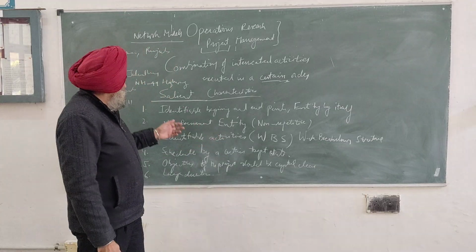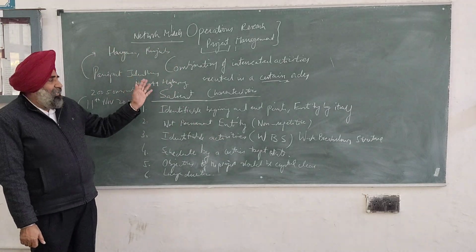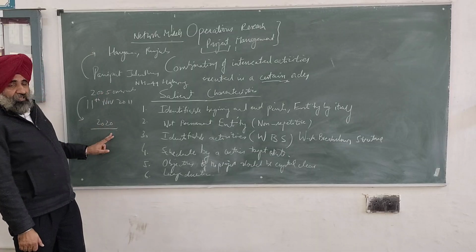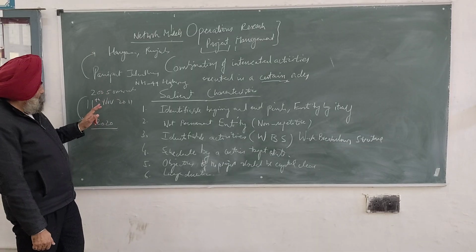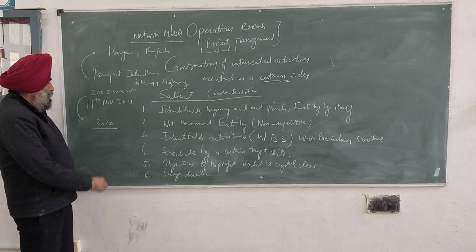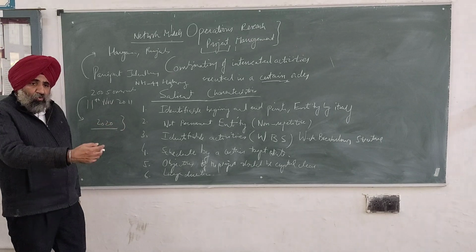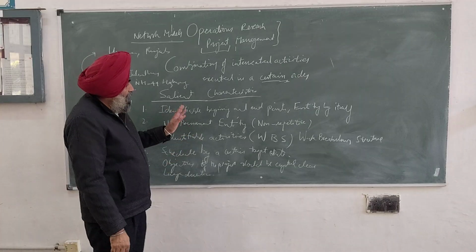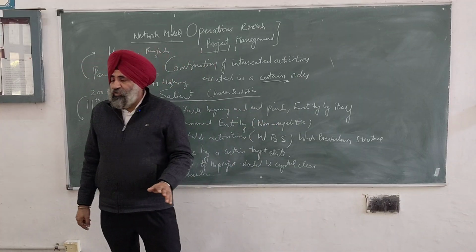Even though the central government is ready to bear the cost, the project did not get completed by 11th November 2011. Even the project could not be completed by 2020, which means it cost more. So these are the things we have to take care of.